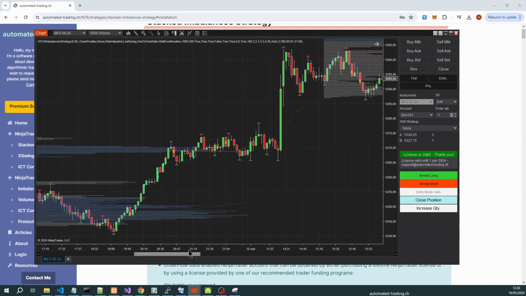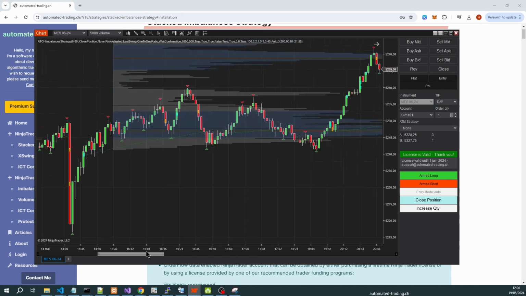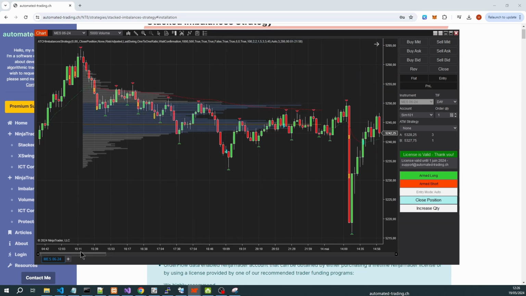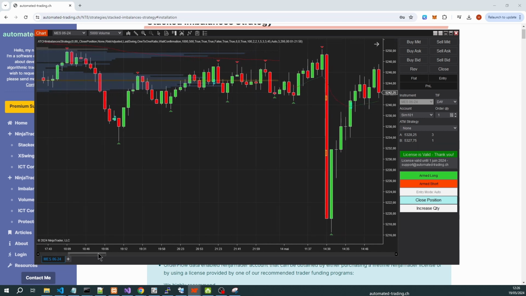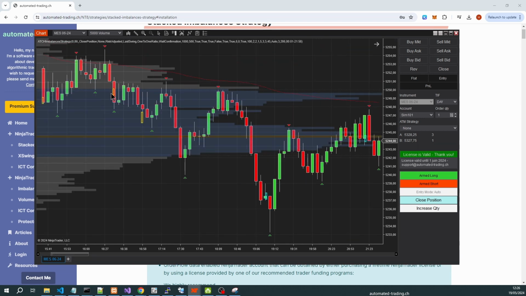So imbalances in volume are differences between the ask and the bid volume at a certain price. These imbalances are displayed here with these rectangles.